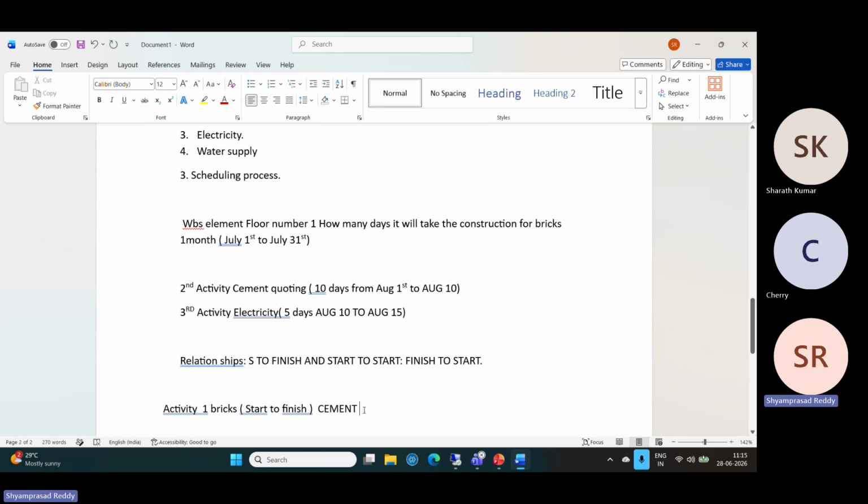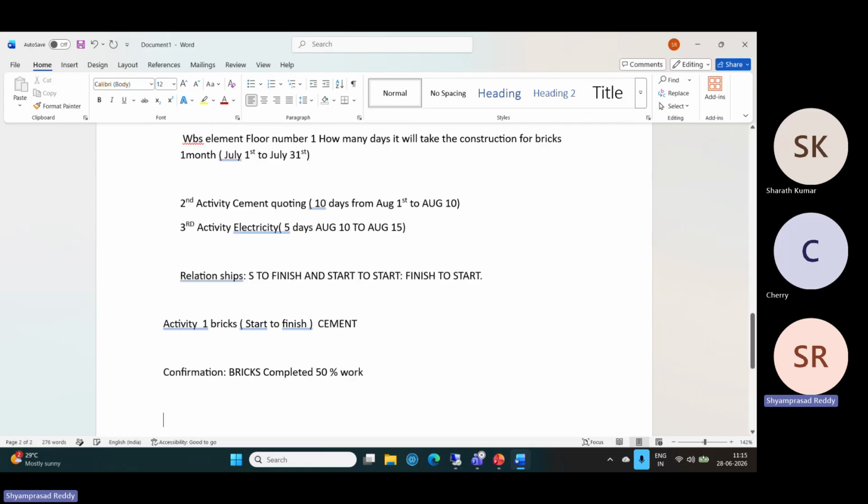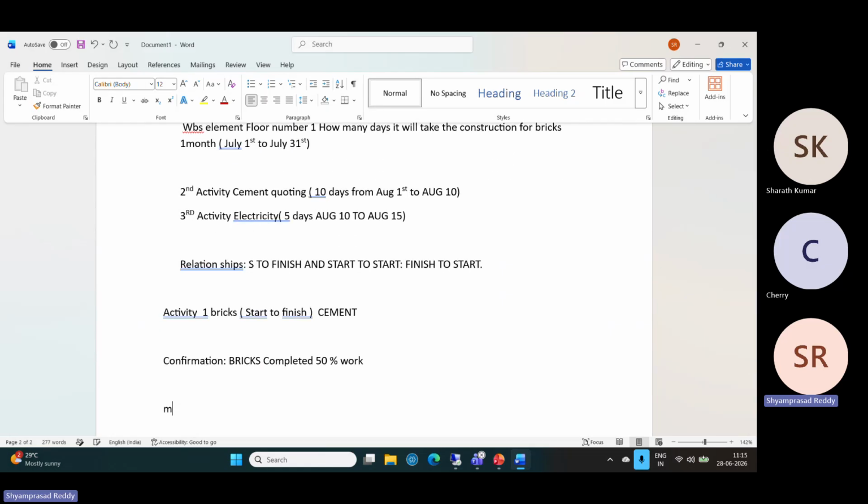Next, there is the confirmation process. Confirmation means, for example, bricks are 50% completed, then you will confirm. Next, there is the milestone activity.